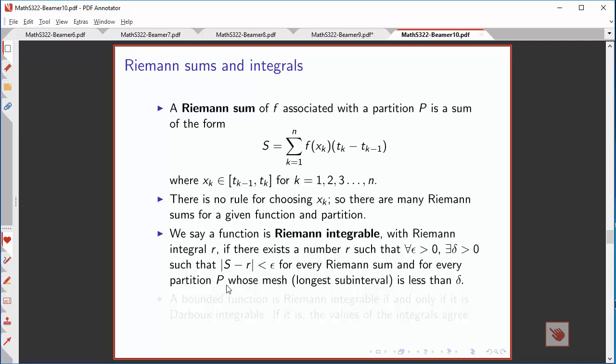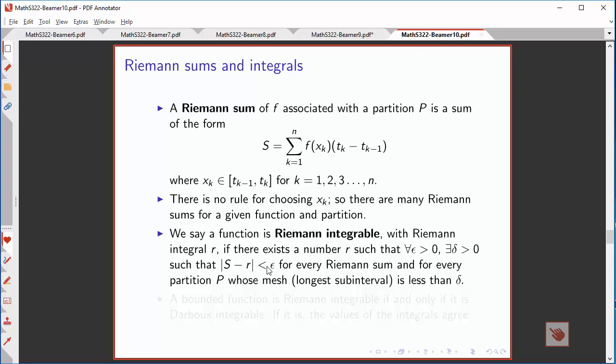If we take any partition for which the so-called mesh, the length of the longest subinterval, is less than delta, then the Riemann sum for that partition differs from the quantity r in absolute value by less than epsilon.